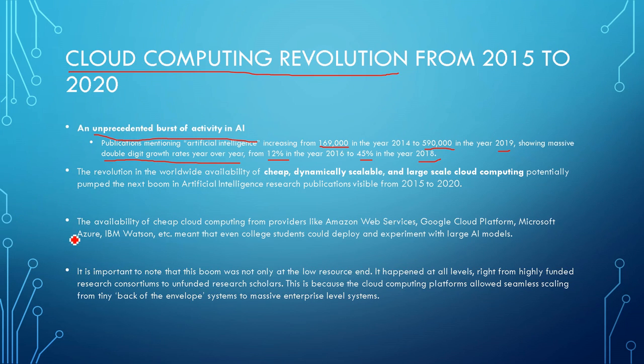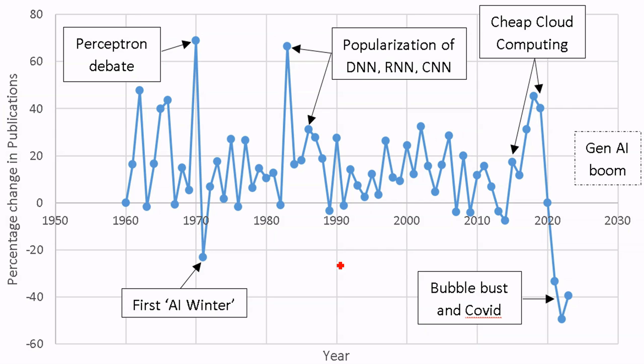It led to even a college student, a PhD student, having access to state of the art architecture and machines at low cost, and they could experiment with the large AI models, right? So this enabled this unprecedented boom, which can also be seen here, that this boom here was due to cheap and wide availability of cloud computing, right?